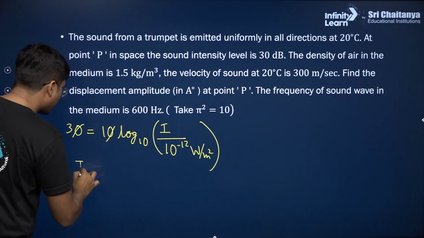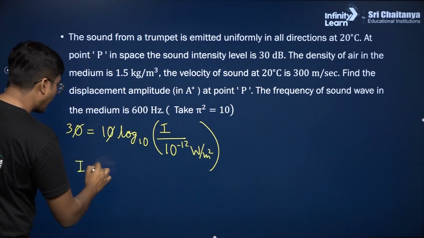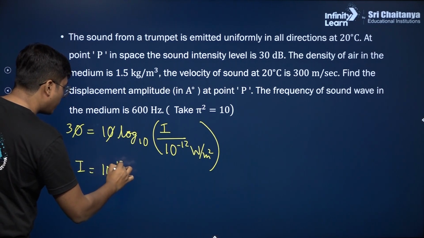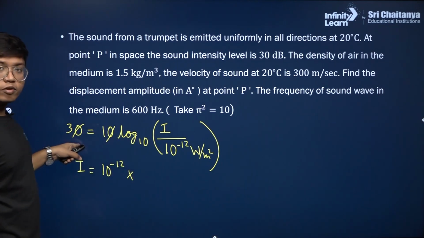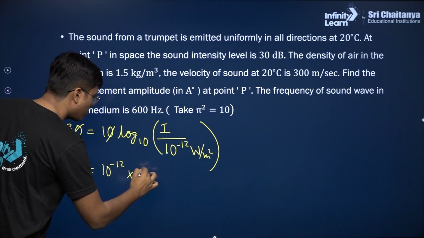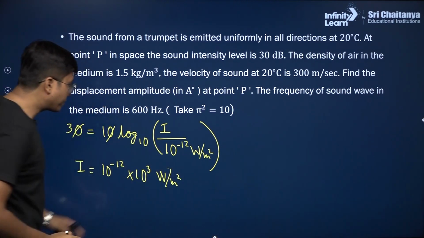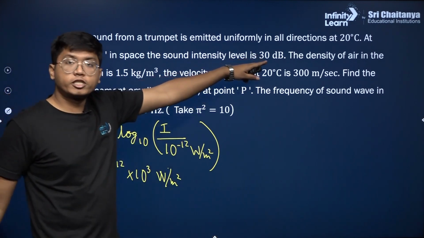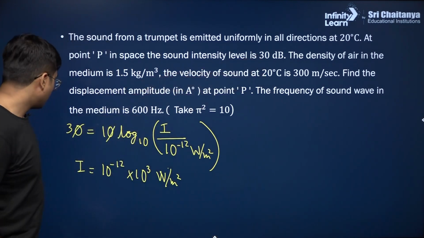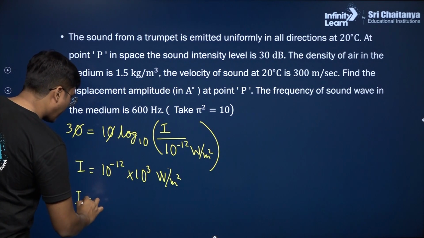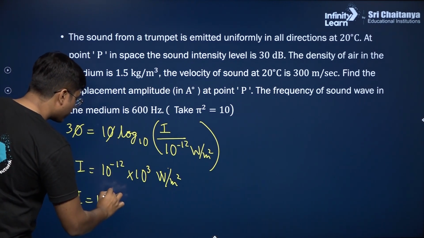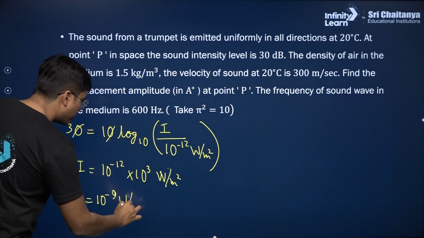So your I becomes equal to I naught, which is 10 to the power minus 12, multiplied with 10 to the power 3 over here, watt per meter square. I'm keeping this again and again in order to differentiate between the units here. So that gives me the intensity as 10 to the power minus 9 watt per meter square.